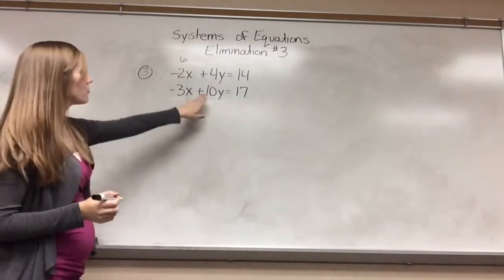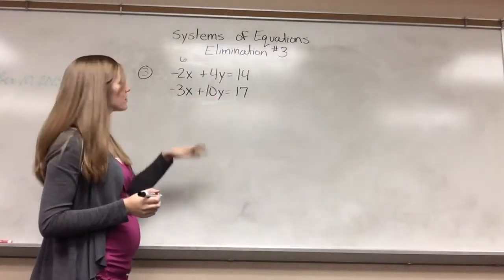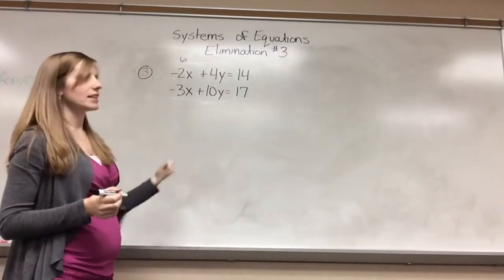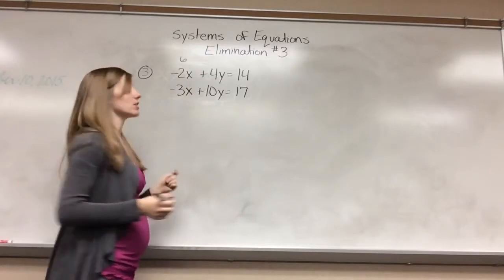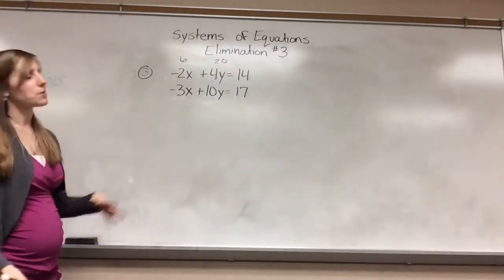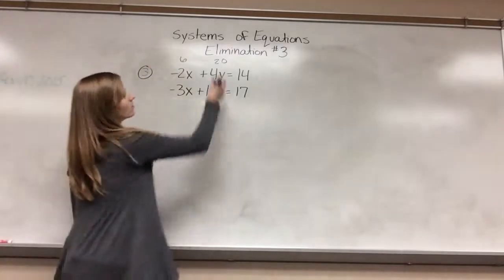All right, for 4 and 10, 10 would be my bigger number. There's nothing I can multiply 4 by to make it 10. So then I think 10 times 2 is 20. I can multiply 4 by 5 to make it 20. So 20 would be my common number for the y's. Now 6 is obviously smaller than the 20, so I'm going to go with the 6.